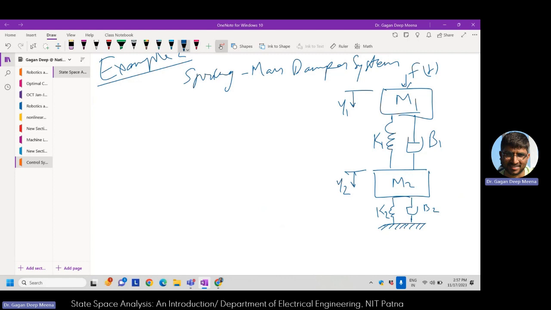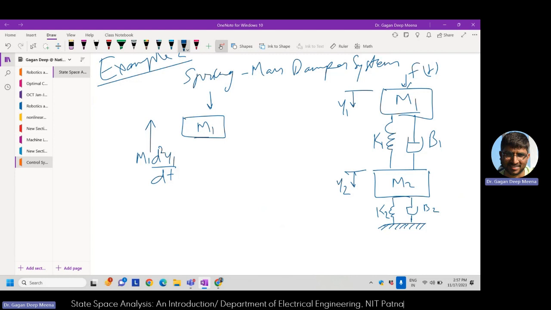I'll first consider the mass M1, and the force applied on it is this. So the reaction force by the body itself will be going in the reverse direction, and it will contribute as m1 d square y1 by dt square.